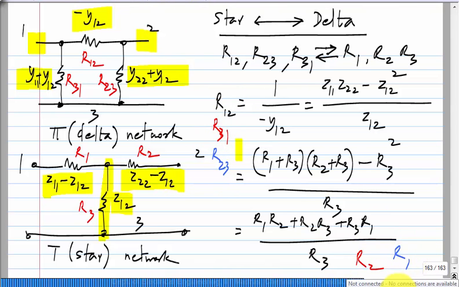The numerator will remain exactly the same. Any questions here?